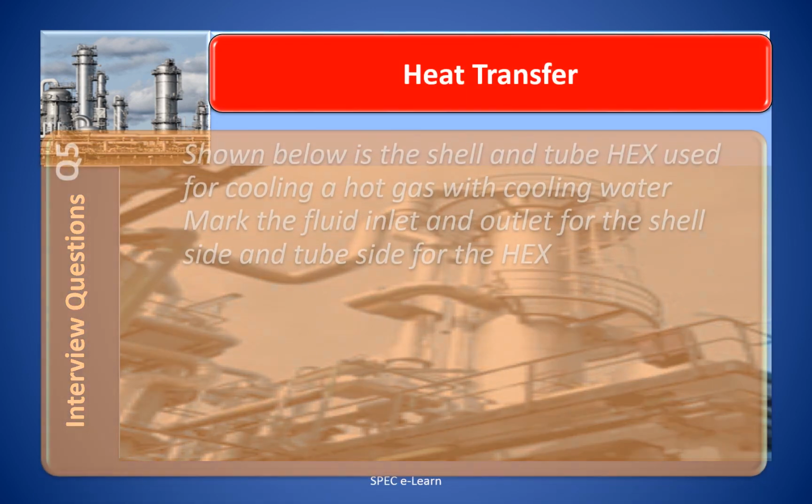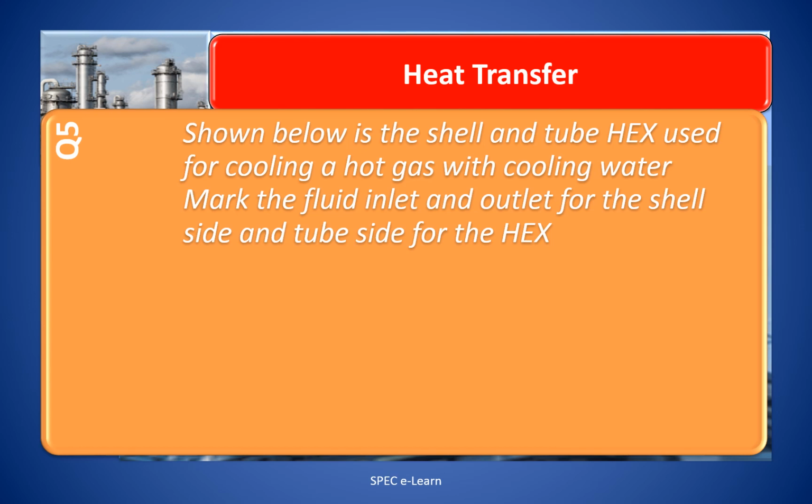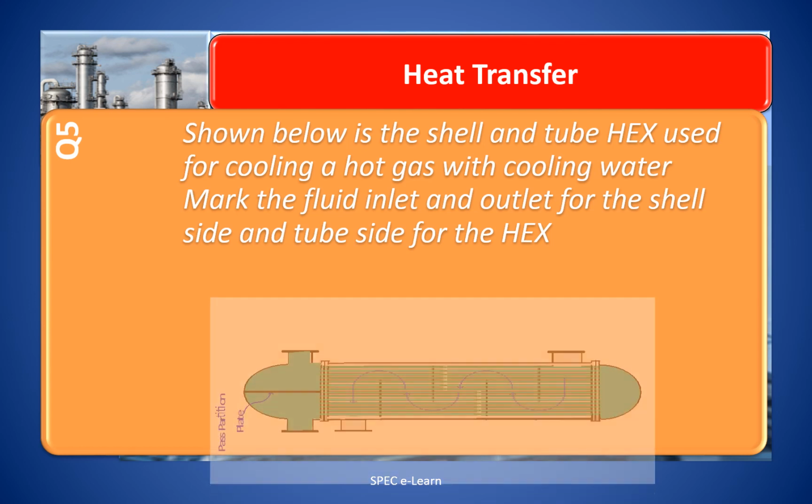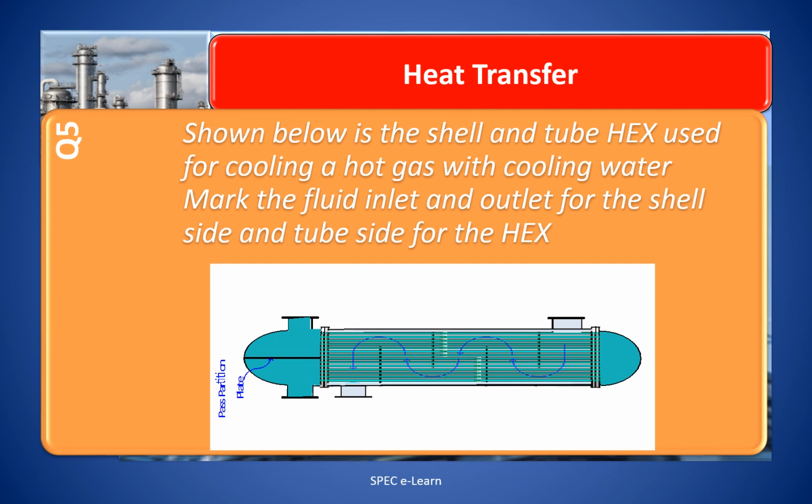Question number 5. Shown below is a shell and tube heat exchanger used for cooling hot gas with cooling water. Mark the fluid inlet and outlet for the shell side and tube side for the heat exchanger. Your time starts now.